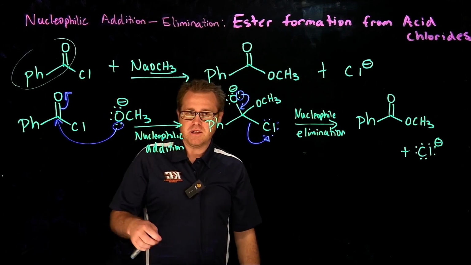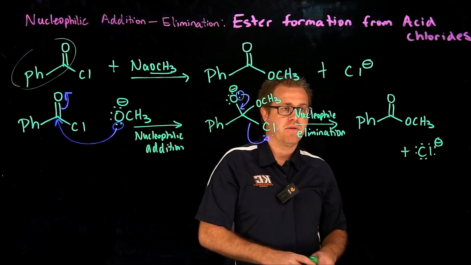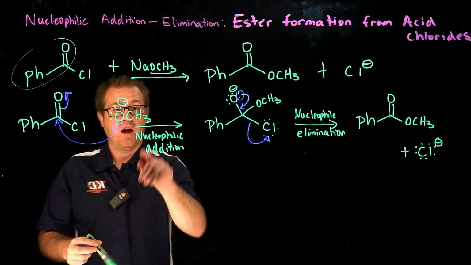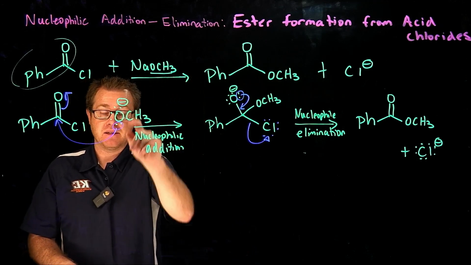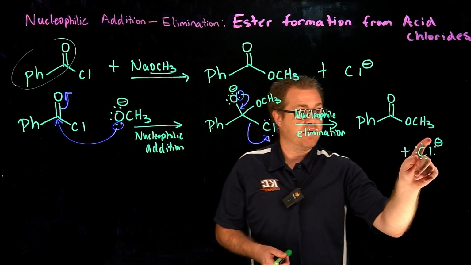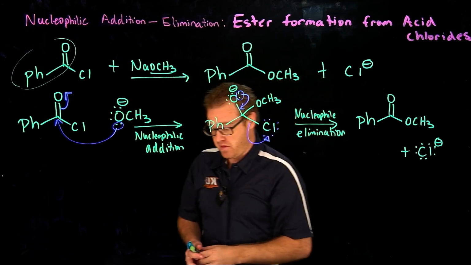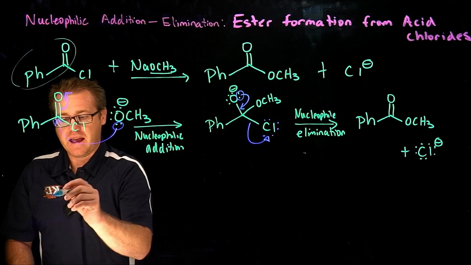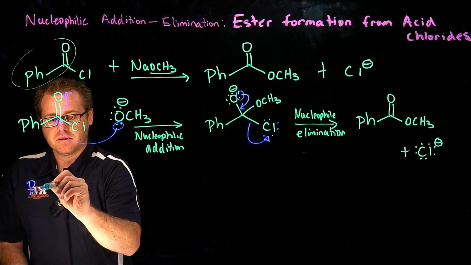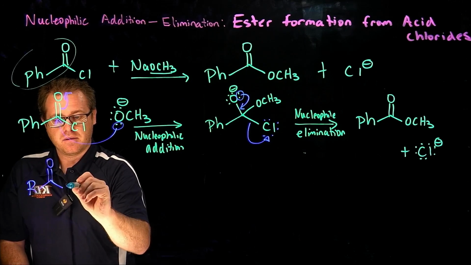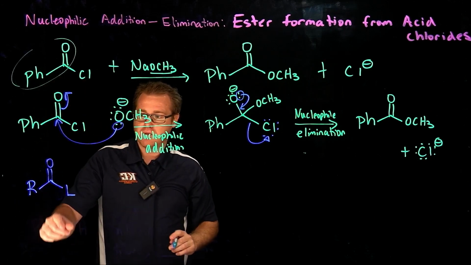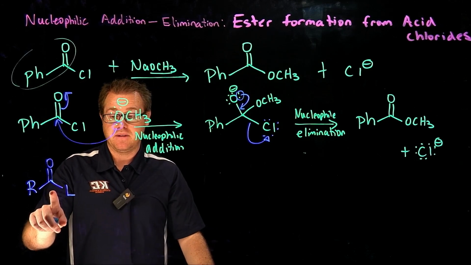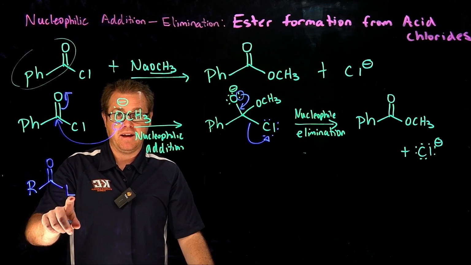Now, the question is, why is this reaction not reversible? Well, it has to do with the stability of the attacking species and the stability of the leaving group. So if we put this in general terms, what I'm representing is any carboxylic acid derivative that has a leaving group right here.